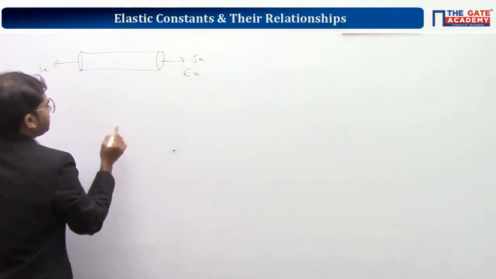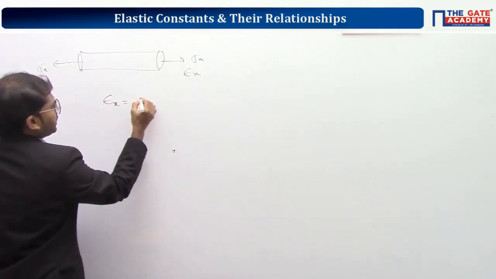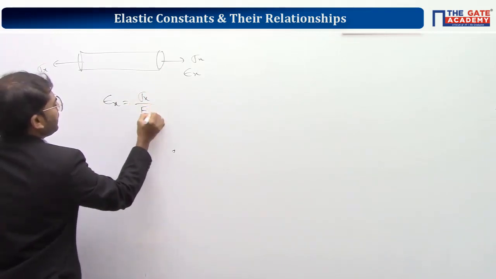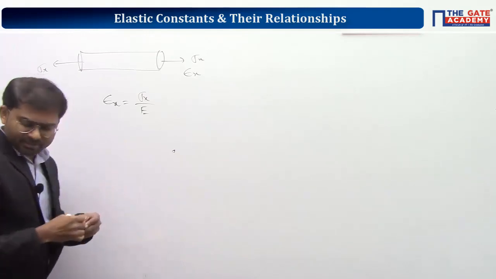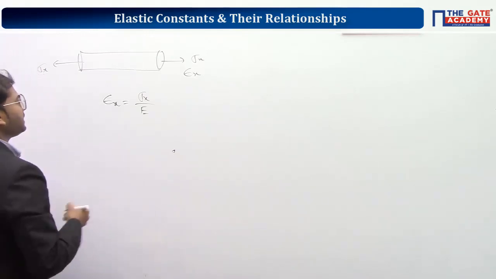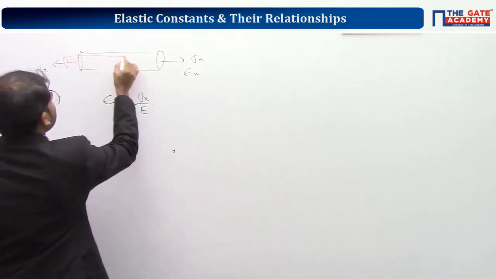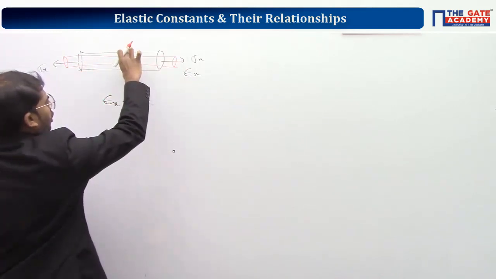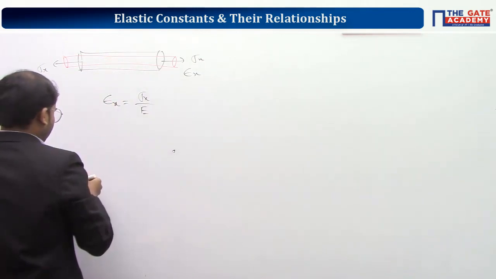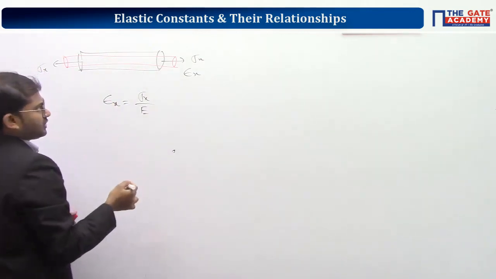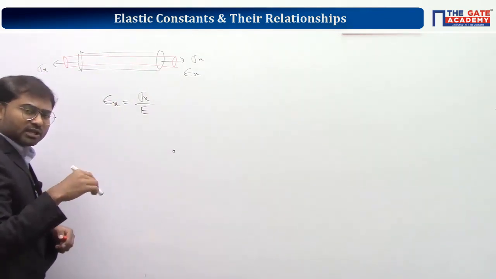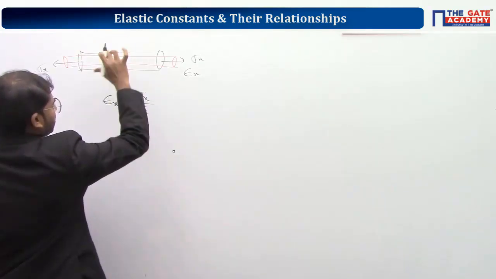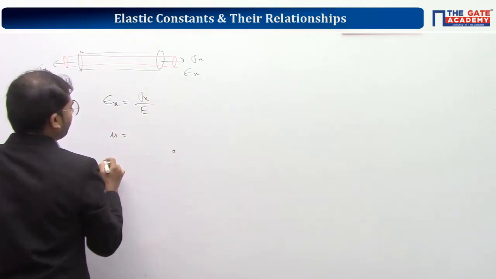It's very clear that strain in x direction is nothing but stress in x direction divided by Young's modulus. But due to the application of stress in x direction, there will be strain in y direction also. The component is getting compressed in the y or lateral direction, though there is no stress in that direction. How much strain is produced is given by the property Poisson's ratio.